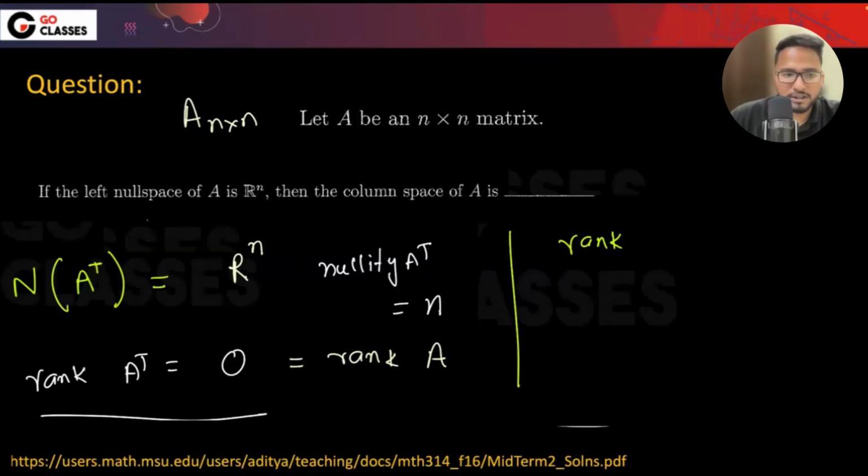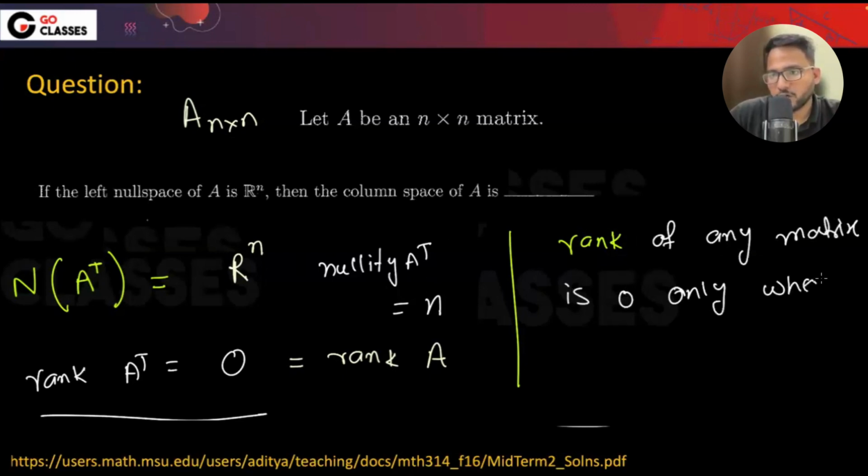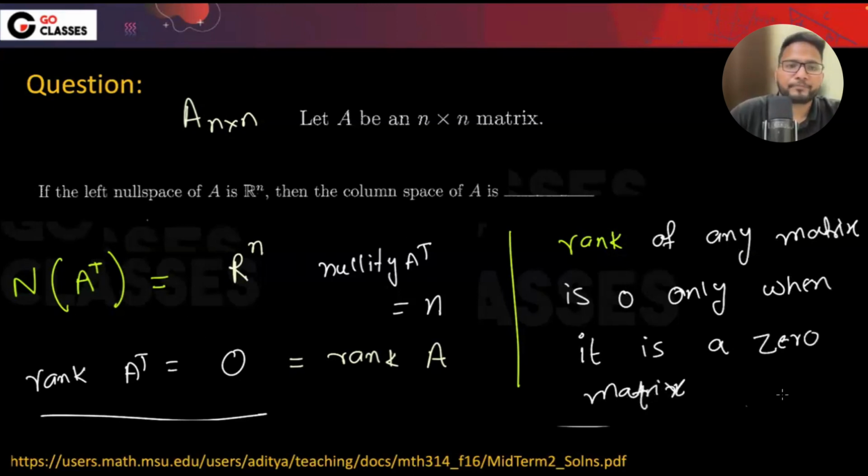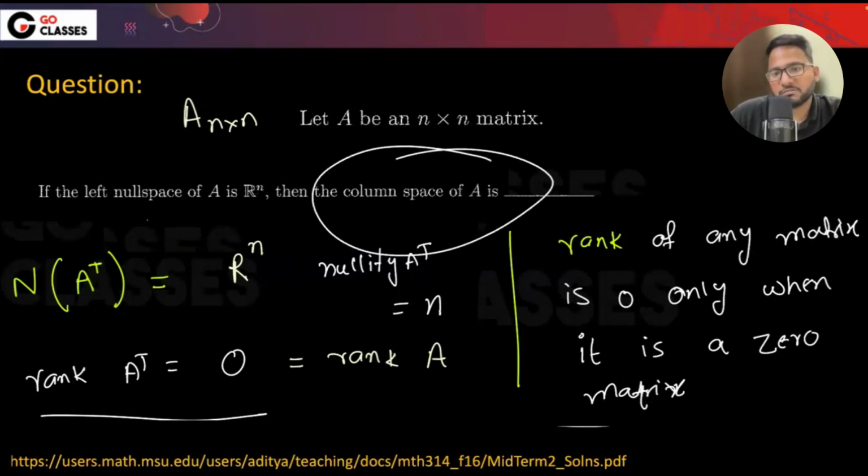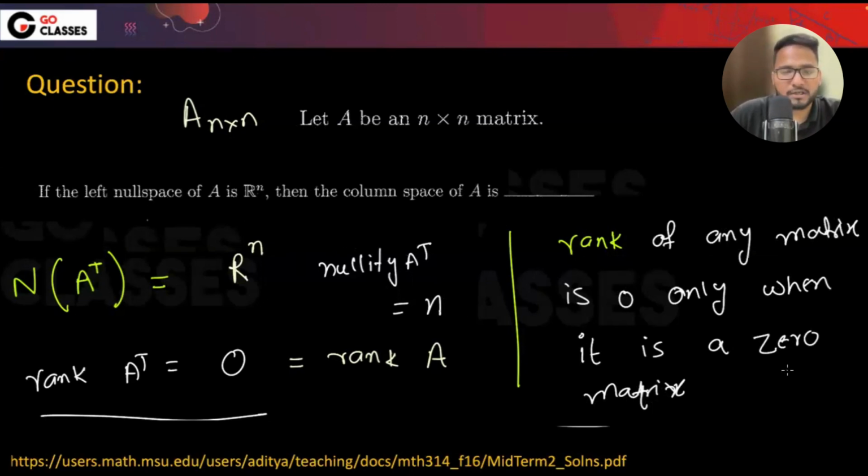Rank of any matrix is zero only when it is a zero matrix. If it is a non-zero matrix, then rank cannot be zero. So A transpose or A is the zero matrix. That is why if I ask you the column space, then it is just zero, because it is a zero matrix.